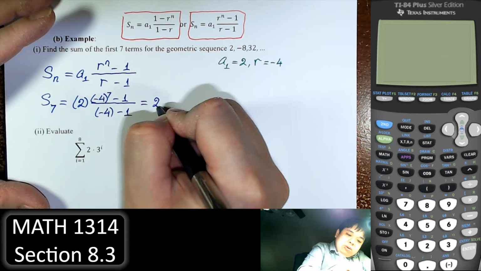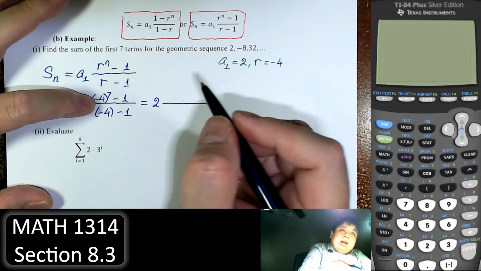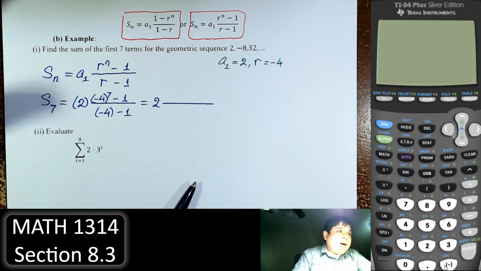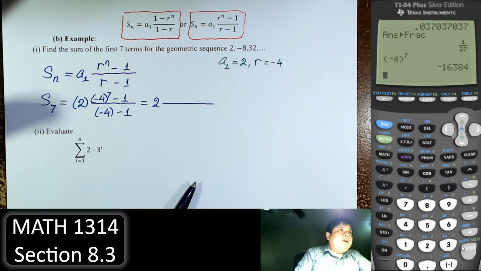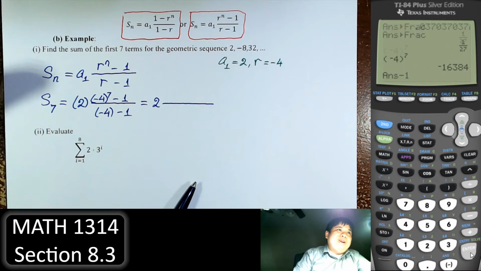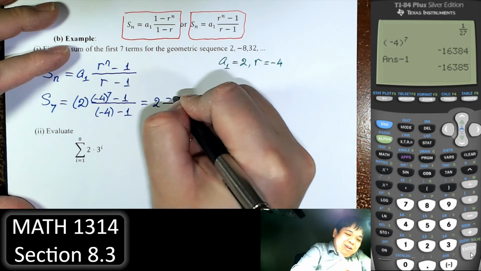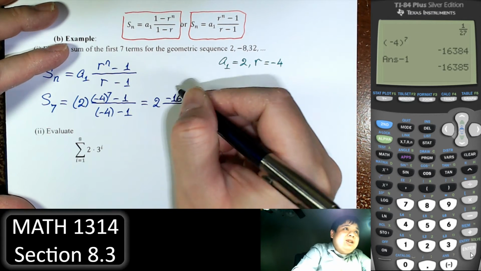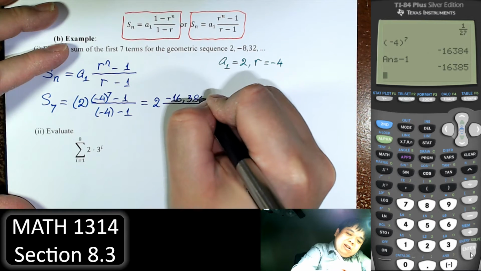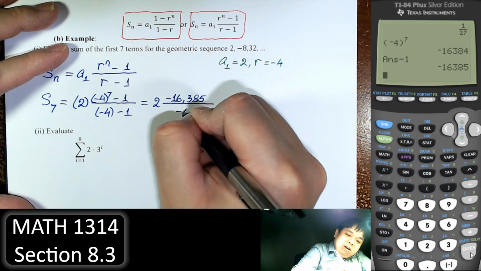That gives us 2 times -4 to the 7 power, and then minus 1. I don't need a calculator for that. -16,385 divided by -5.